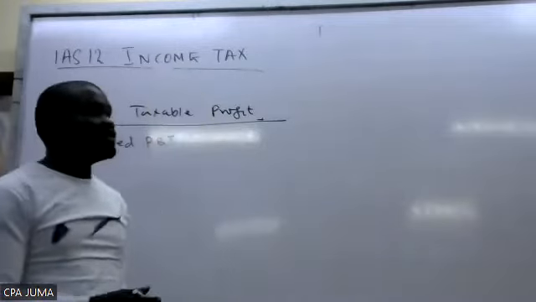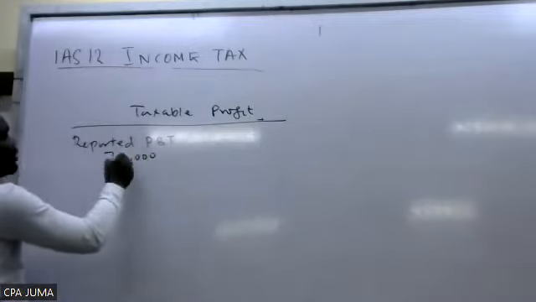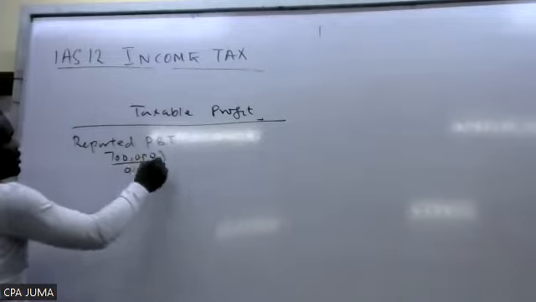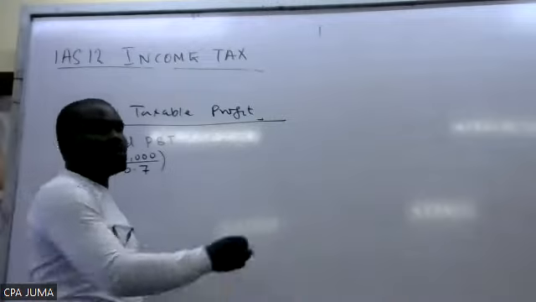If the tax rate is 30%, then before tax will be 700 divided by 0.7. Which can even be proven.